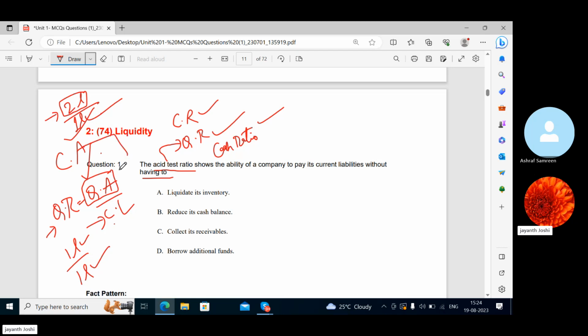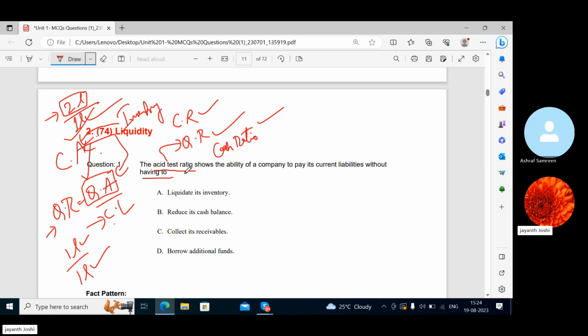The only difference is inventory. Inventory is included in current assets, but quick assets do not include inventory. So excluding inventory, all the current assets are quick assets, right?